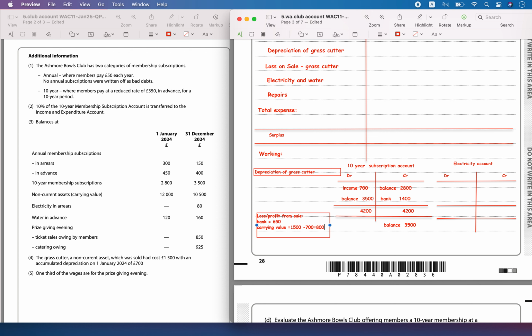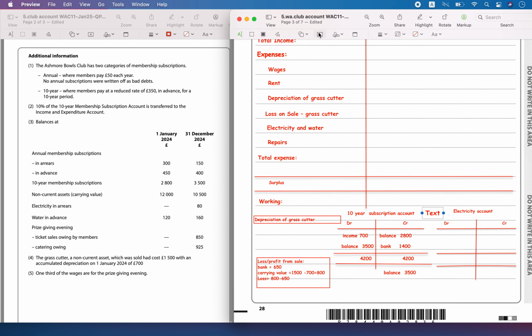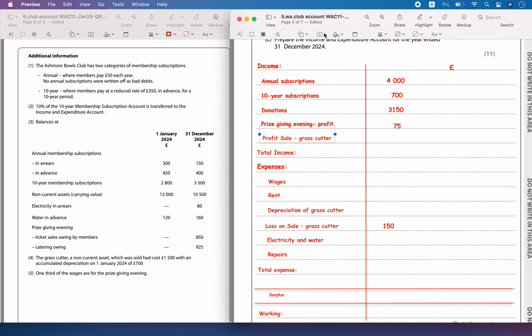They should have sold for 800, but they sold for 650, so they have made a loss of 800 minus 650, which is 150. There was no profit, so I will write nothing there. It was a loss.